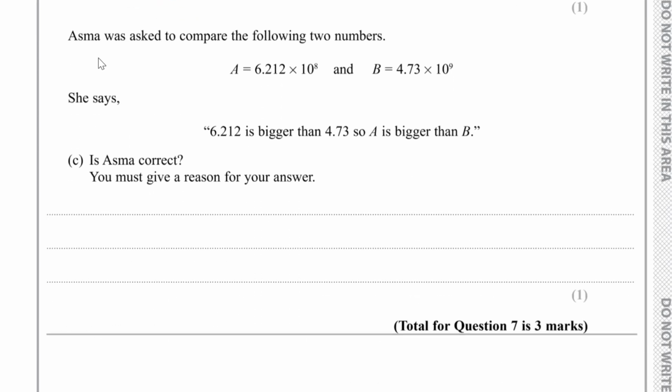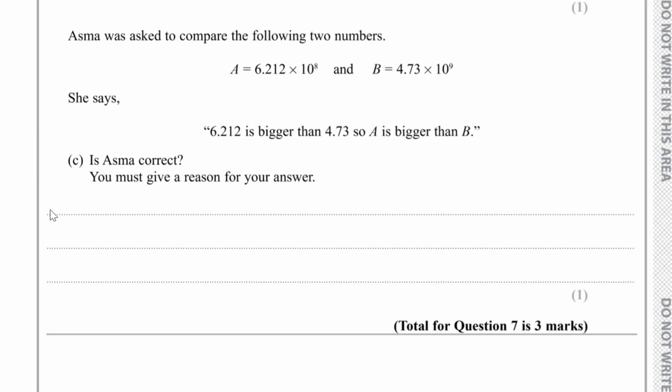And now for part C of the question, Asma was asked to compare the following two numbers. So she's comparing A, which is equal to 6.212 times 10 to the 8, and B, which is equal to 4.73 times 10 to the 9. And she says 6.212 is bigger than the 4.73, so A is bigger than B. And we have to question whether Asma is correct, giving a reason for our answer.